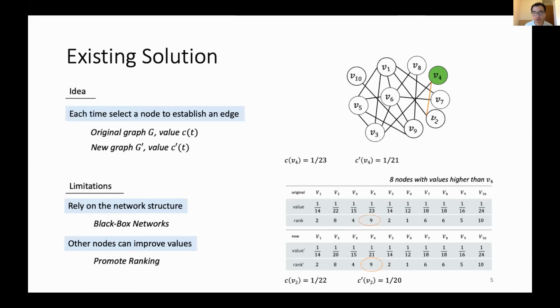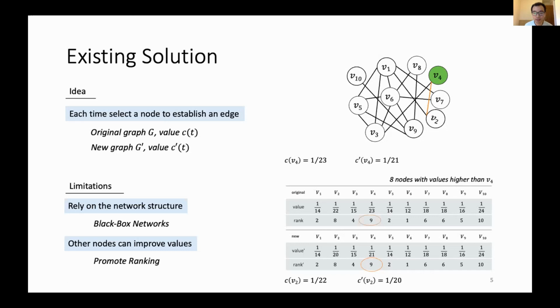For the previous method, they can ensure the centrality value of the node is improved, but they cannot ensure the ranking of the target node is improved. This is the first limitation. And in our paper, we can ensure the ranking of the target node is improved.